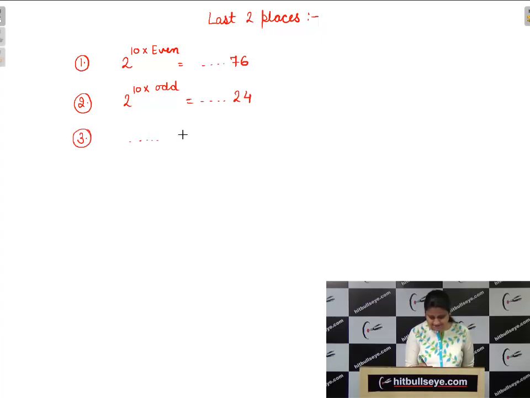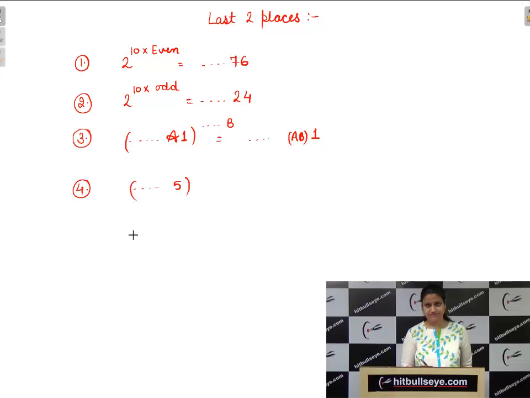If your number is ending with 1 and your power is ending with B, and before 1 you have A, of course the unit place will be 1 always, and the tens place will be the last digit of AB. That is the application of binomial. Now come to when any number is ending with 5.